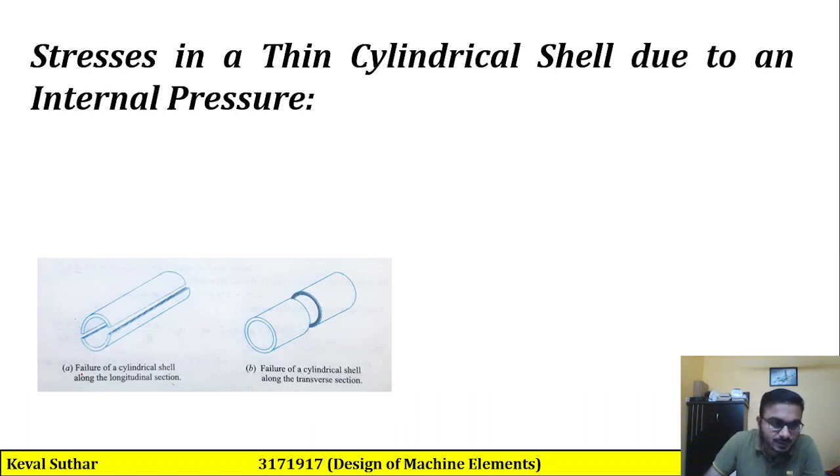First one is failure of a cylindrical shell along the longitudinal section, as you can see over here. The second kind of failure is the failure of cylindrical shell along the transverse direction, as you can see over here.